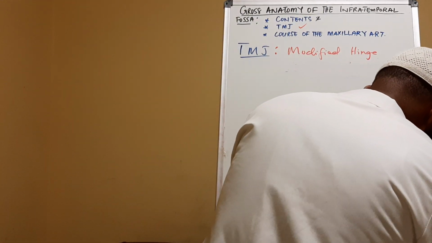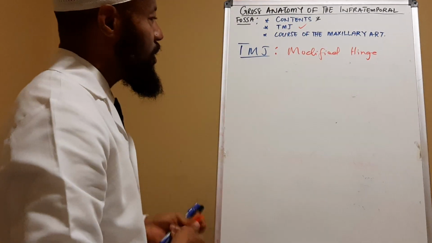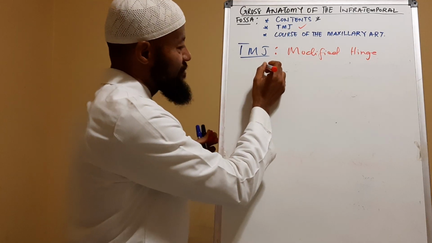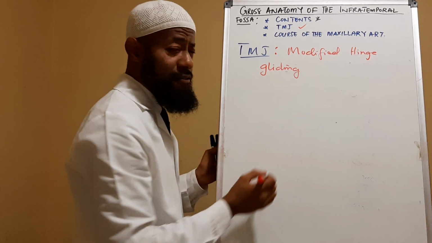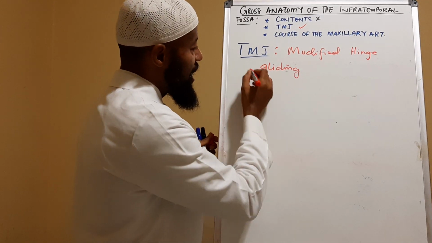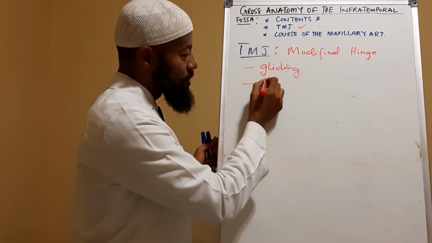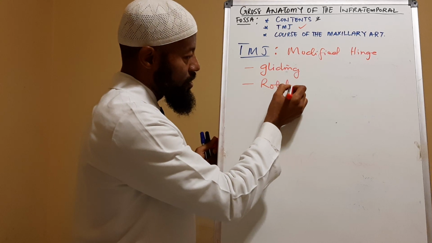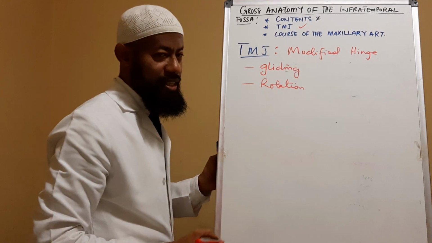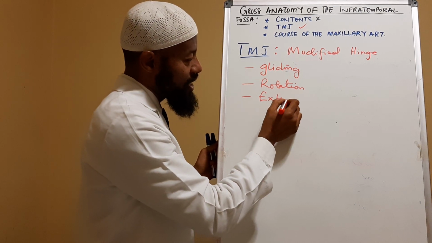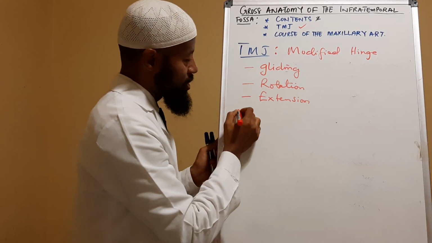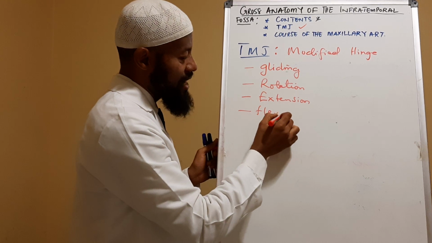Because we have a gliding kind of movement. There is a gliding kind of movement. And there's also a rotation at the TMJ. There is extension at the TMJ as well as flexion at the TMJ.